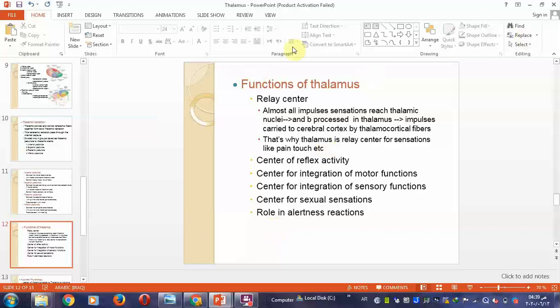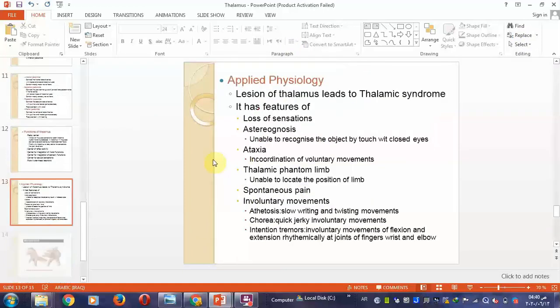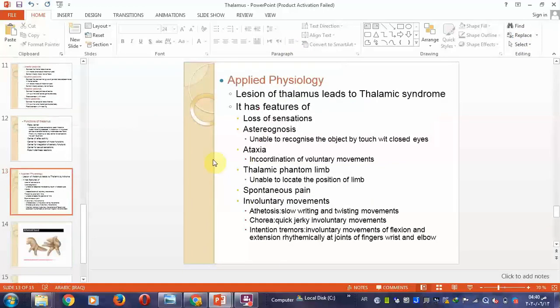In short, these are the functions of the thalamus: relay center for almost all impulses entering the CNS, reflex activity, integration of the motor function, integration of the sensory function, sexual sensation, and a role in alertness.